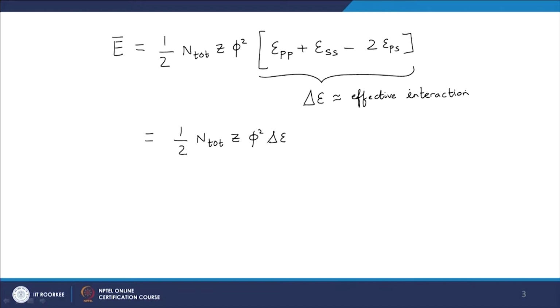Of course, this E bar does not contain the entropy contribution, the entropy will come separately. This contains in some sort the energetic or enthalpic contributions. But in any case, if this E bar is highly positive, that would mean the system will not like to mix, it will have a tendency to phase separate.